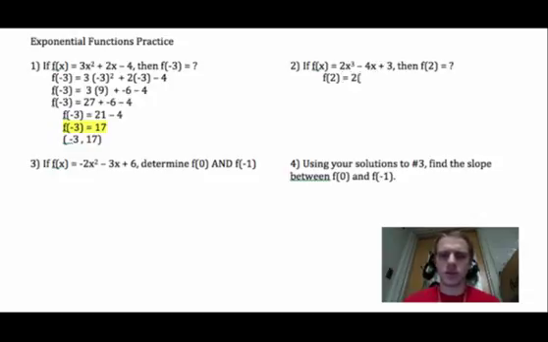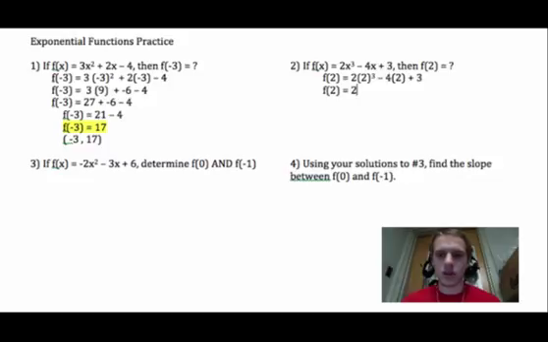So 2 times 2 cubed minus 4 times 2 plus 3. Alright, next step, let's simplify some of these exponents you want to do before you do any multiplication.